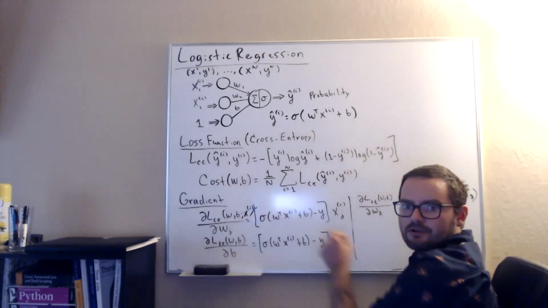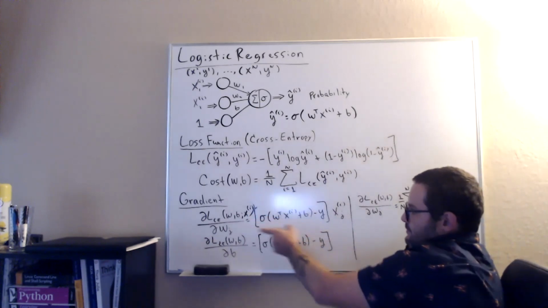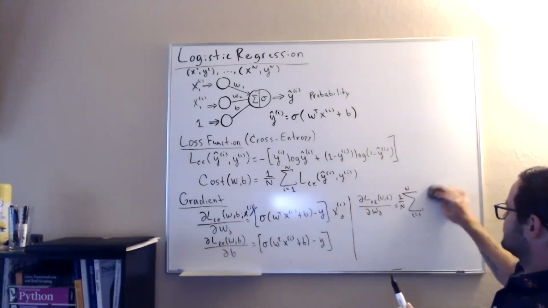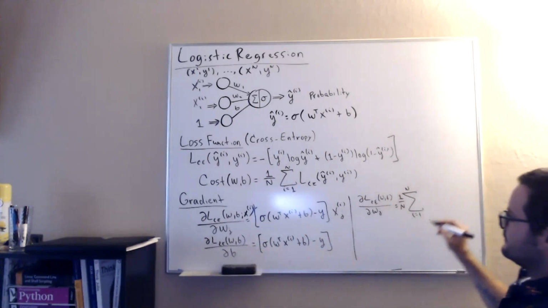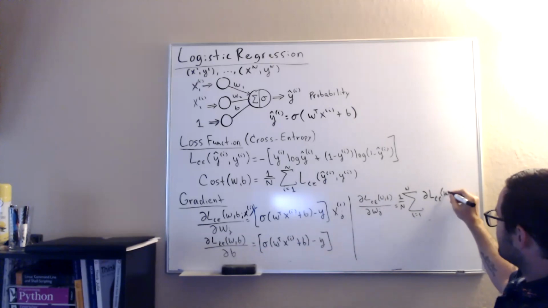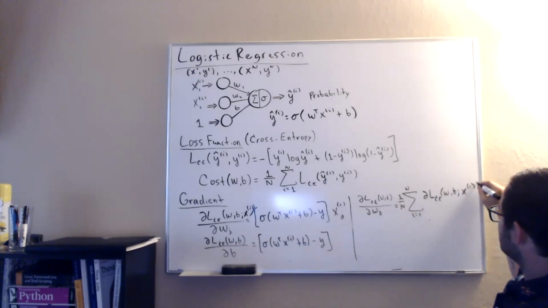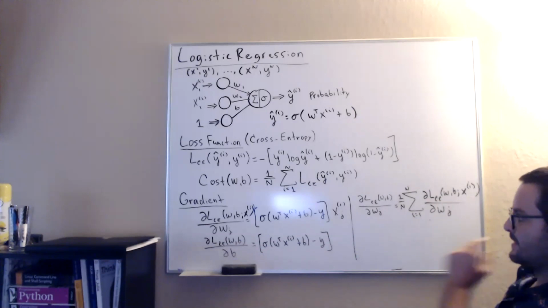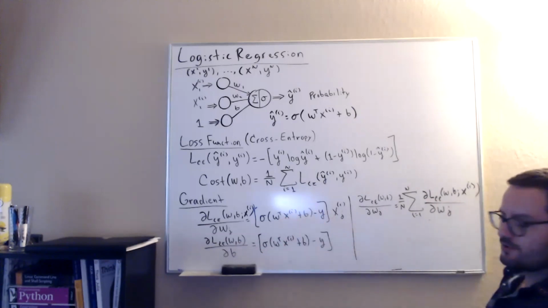Put in an x of i right there, so you see that the partial here is that. So this will just be the sum of the partials for i equal 1 to N. It's just summing up all those partials.